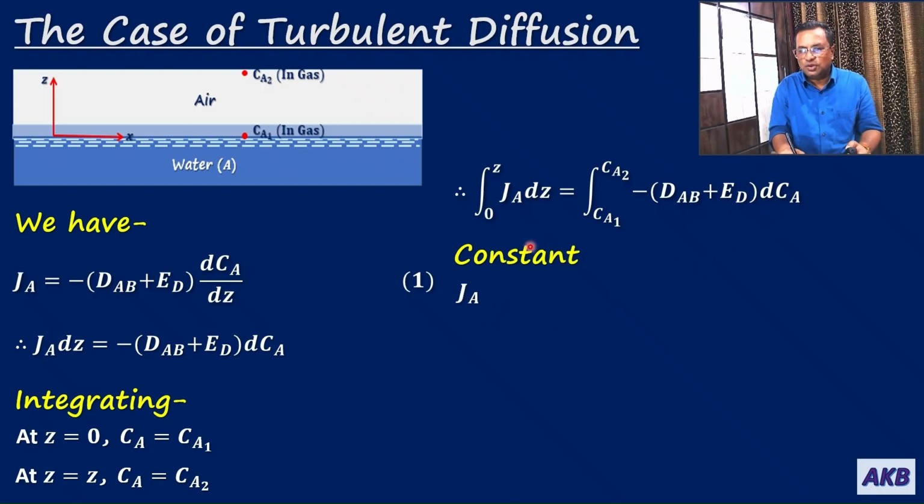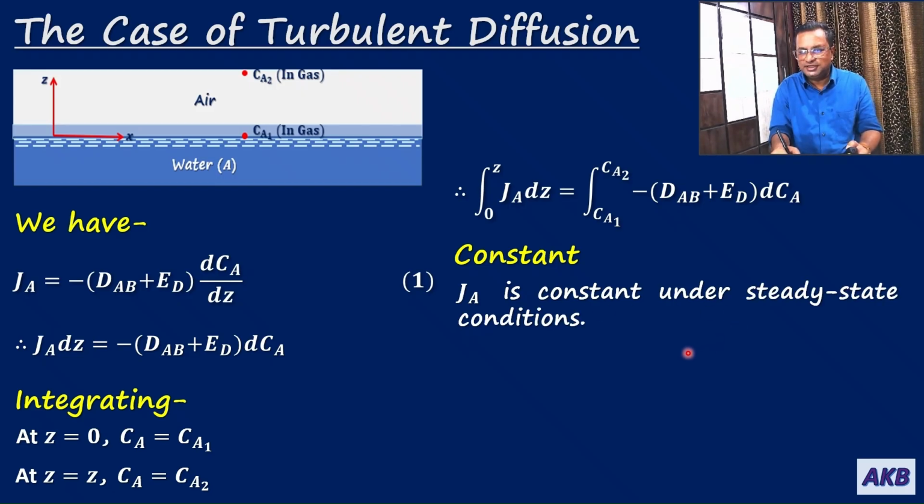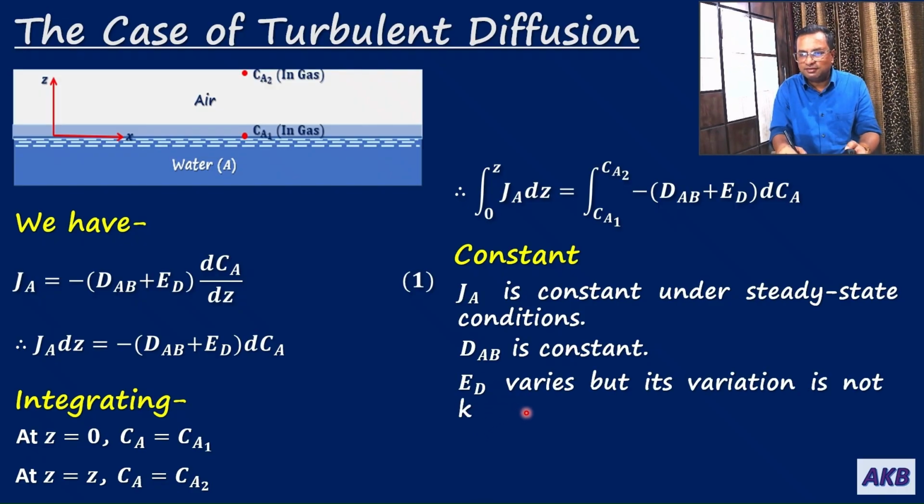Now, what are the constants that are present in the equation? JA is constant under steady state conditions, so that can come out of the integral. DAB is constant for given A and B, and under constant temperature and pressure, DAB is constant. But ED varies, and this variation is not known. As you move away from the surface, ED will change, but how it changes is not known.